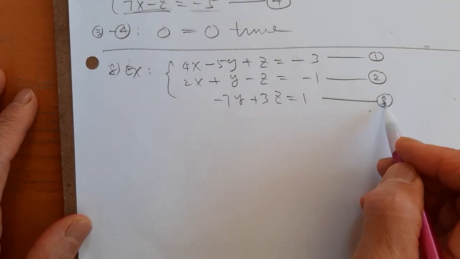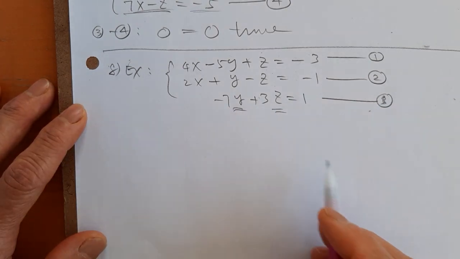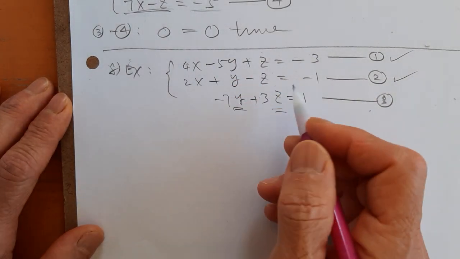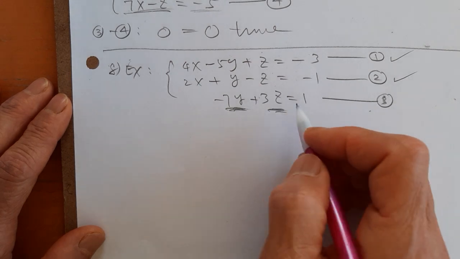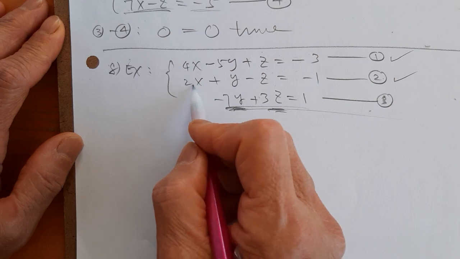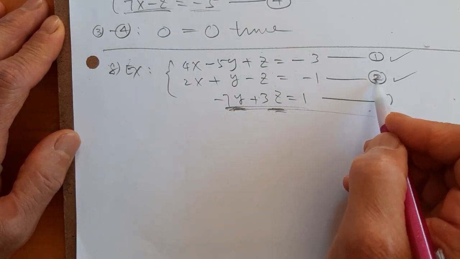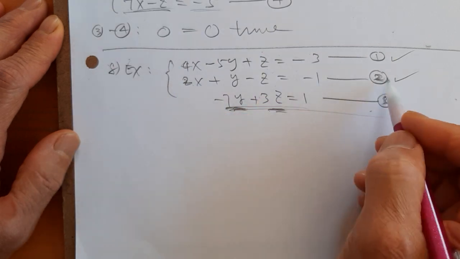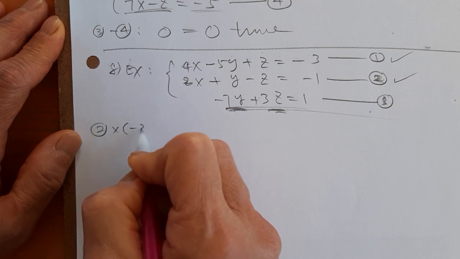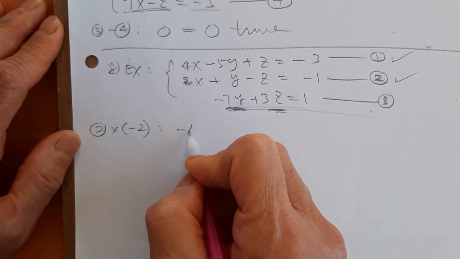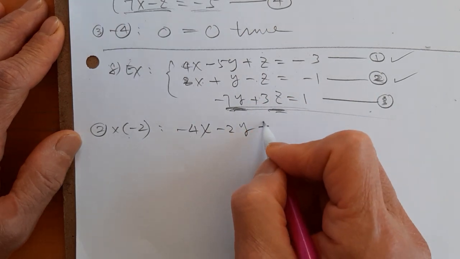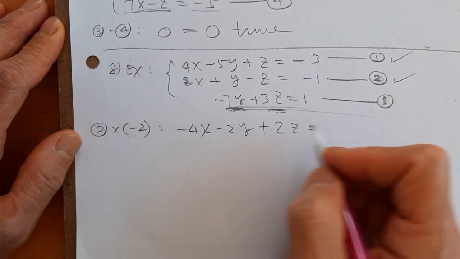Since the third equation has only two variables, y and z, no x, we can use the first and second to eliminate x, get an equation in only y and z, and combine it with the third equation. Since this is 4x and this is 2x, do the second equation times negative 2, so 2x times negative 2 is negative 4x, y times negative 2 is negative 2y, z times negative 2 becomes positive 2z, and negative 1 times negative 2 becomes 2.